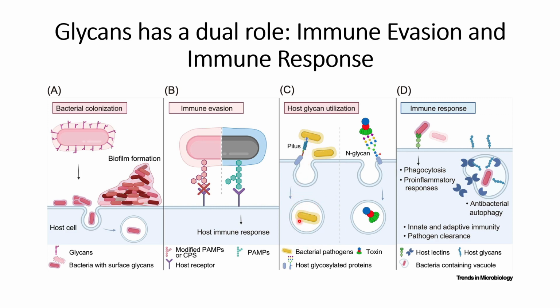In that case, they will use the host cell machinery and generate more replicates of this bacterial pathogen, and when they move into the extracellular matrix, they will use the host glycosylated proteins, and thereby that will help in the immune evasion.